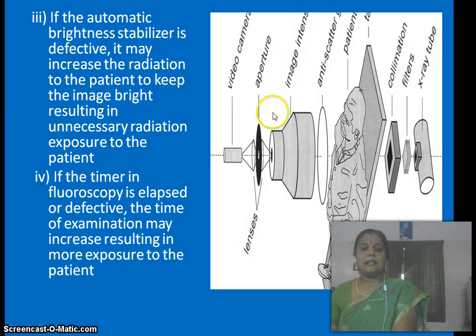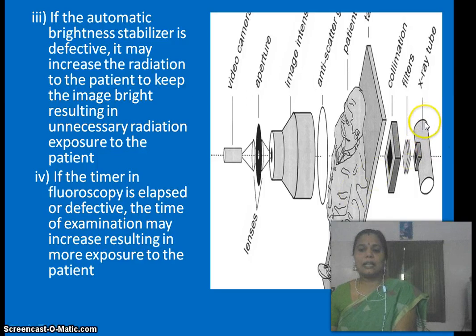The third criterion in fluoroscopy is if the brightness stabilizer in the image intensifier is defective. The technician may not be aware of this defect and may expose the radiation much larger than the normal amount, so the patient will be exposed to a larger amount of radiation.